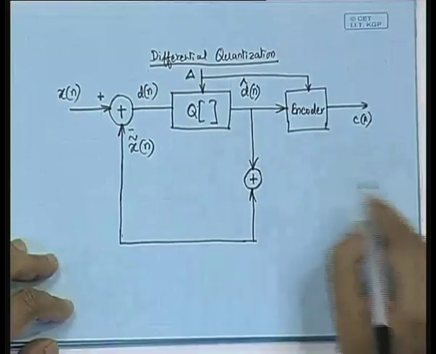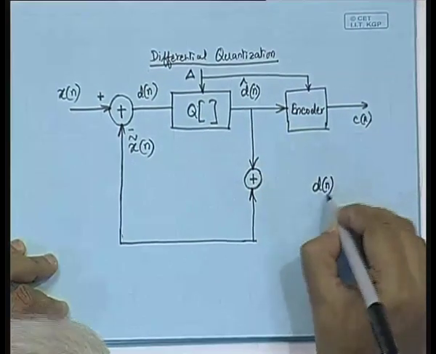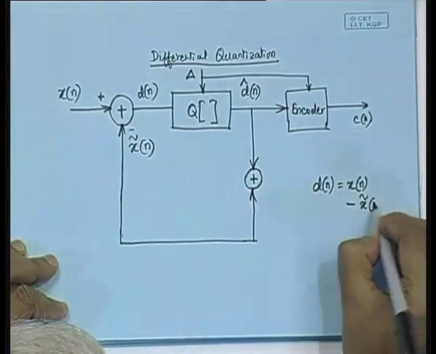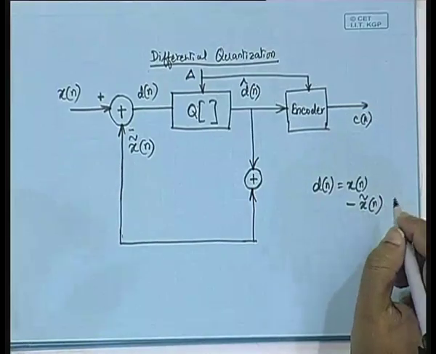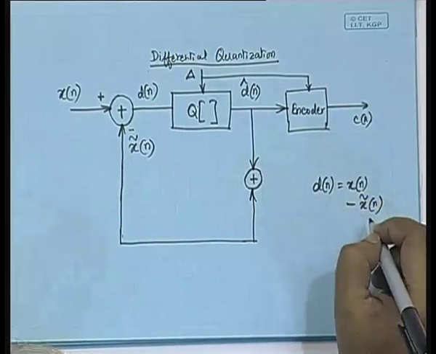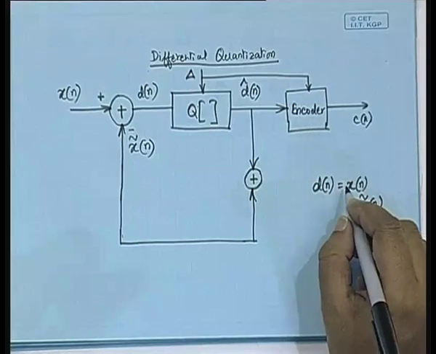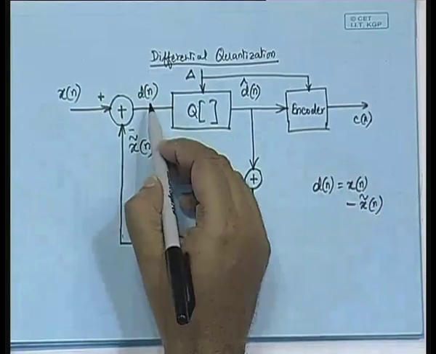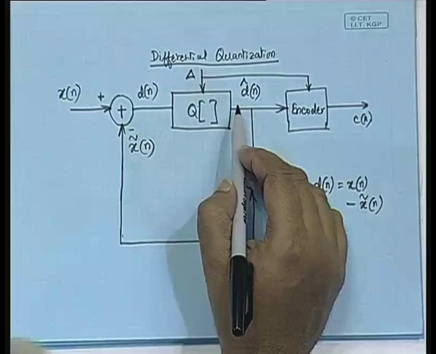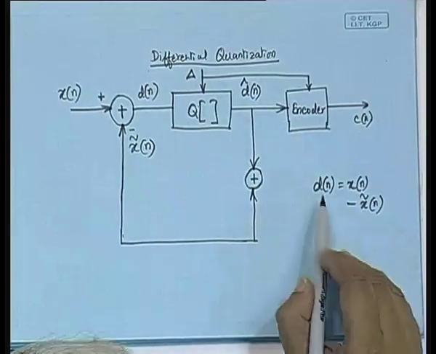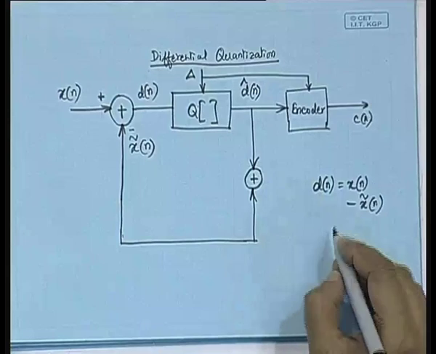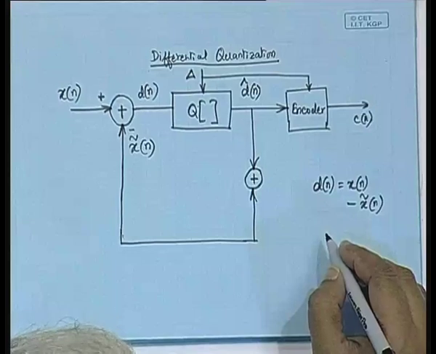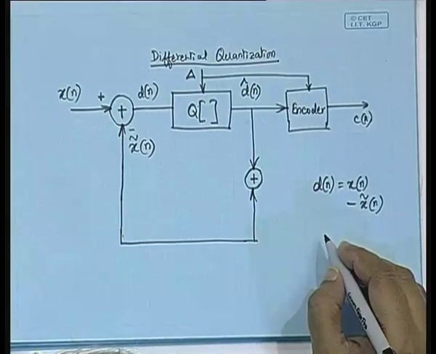Because d of n is x of n minus x tilde of n, so if I add d of n with x tilde of n, I should get x of n. But I am not able to get d of n anymore because quantization has already been done. So instead of d of n, I am getting d cap of n, and that is why x tilde n plus d cap of n is going to give us x cap of n.